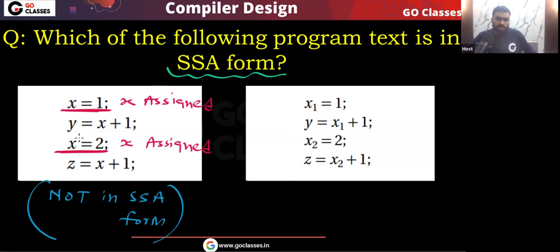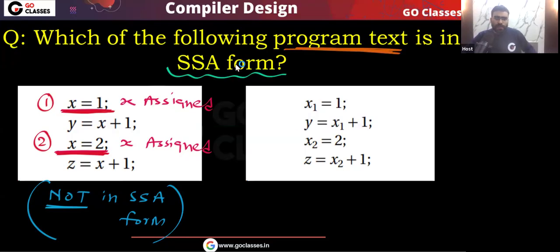Look at this instruction: x is assigned here also. So I can say this program text is not in SSA form.